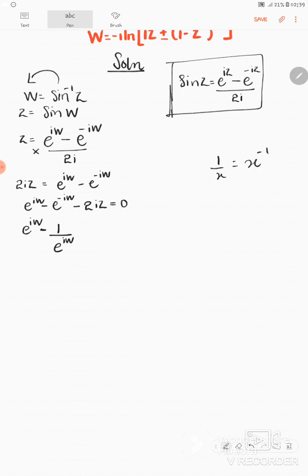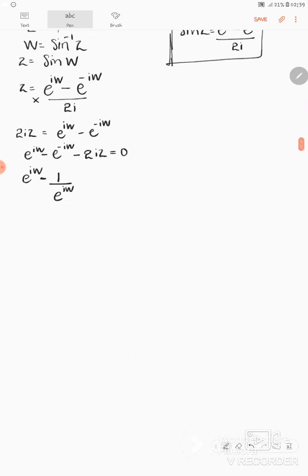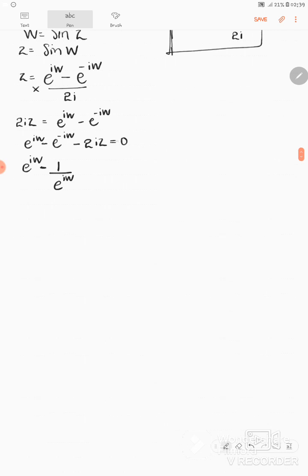Just simplified it, because when you have something like x raised to power minus 1, it turns out to be 1 over x. Now when we have e raised to power iw minus 1 over exponential iw minus 2iz equals 0.